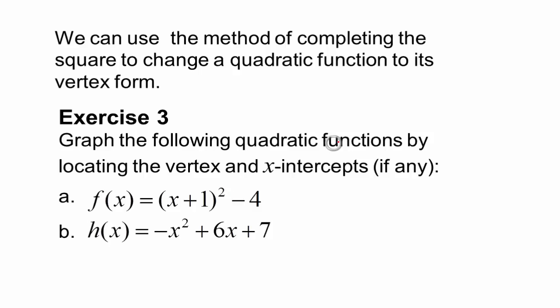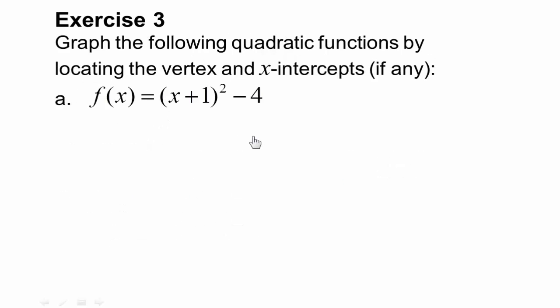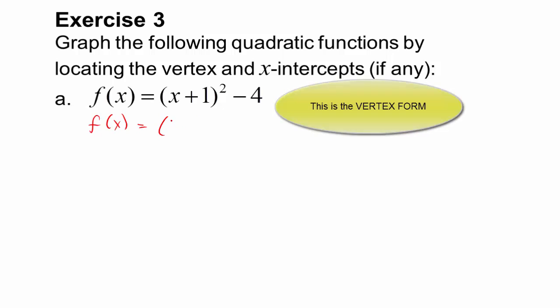Okay, so let's see. Graph the following quadratic functions, locating the vertex and the x-intercepts, if any. So let's turn to letter A. So let's try graphing this function. If it was written in this form, that means the pattern would be f of x is equal to x minus h squared plus k.